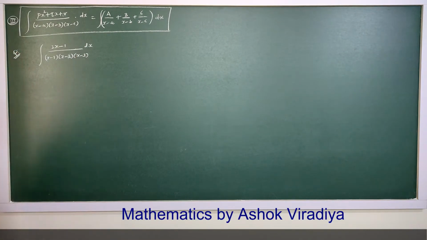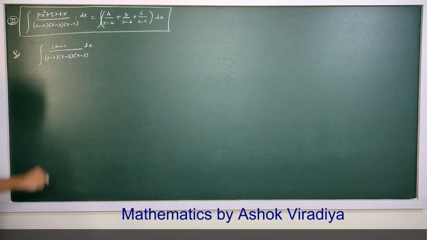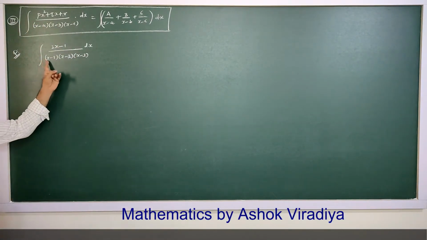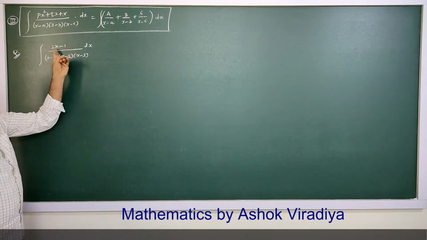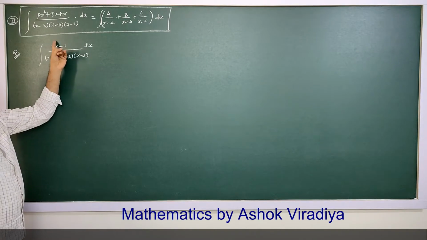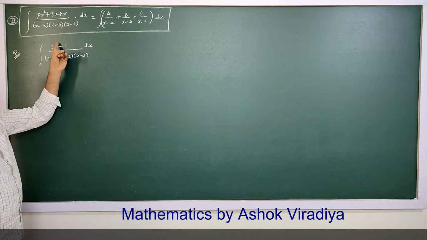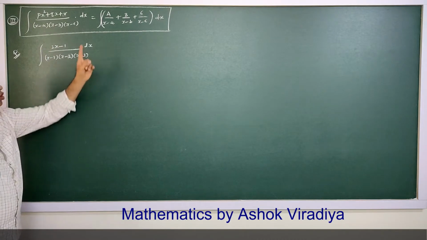Now look at this question. Compare with this integrand. Here there are 3 linear factors like this. Check the degree of the numerator. It is 1. So 1 is smaller than 3. So this is allowed.